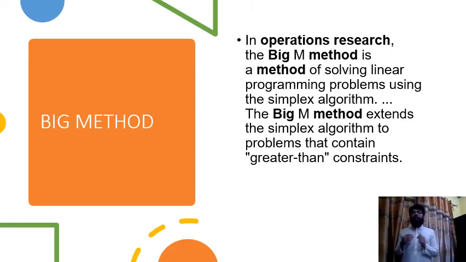The big M method applies the simplex algorithm to problems that contain greater-than constraints. This is how to know the difference between the methods. This is the big M method.